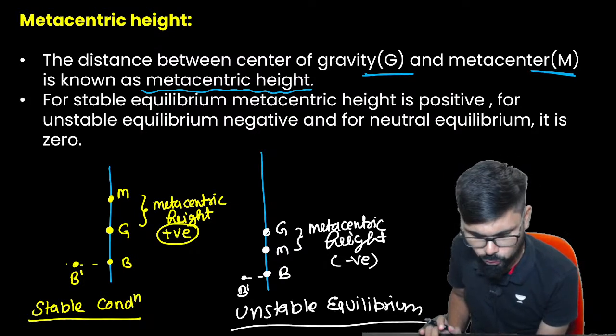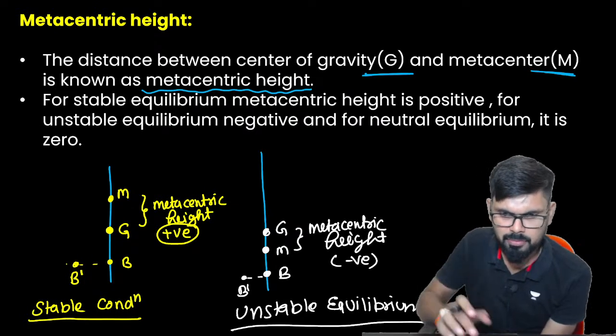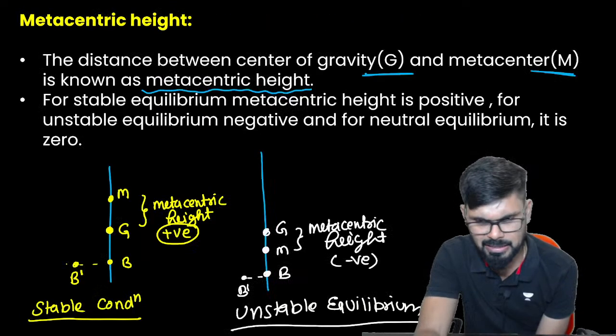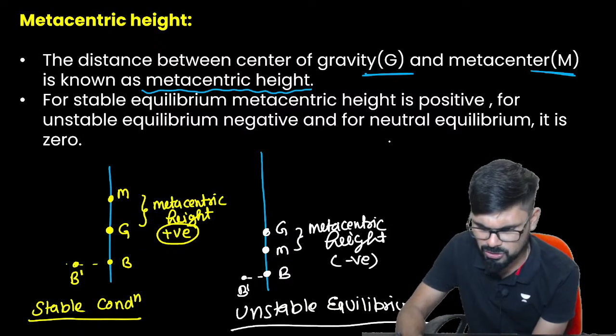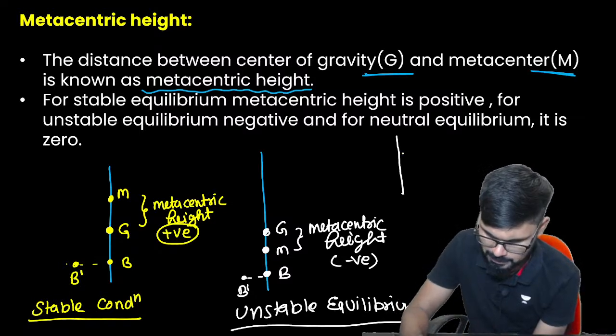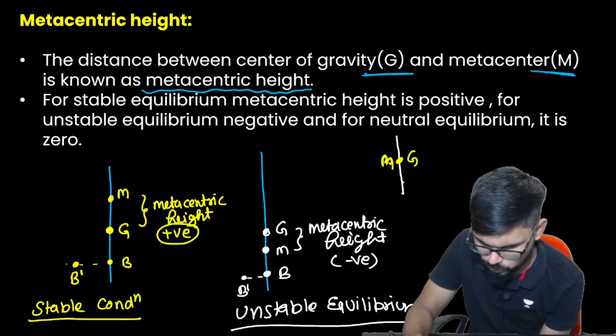One more thing I would like to tell you. For neutral equilibrium, both will coincide. I'm drawing a small diagram here. This is G, and this is M only, this is B, and somewhere here B dash.